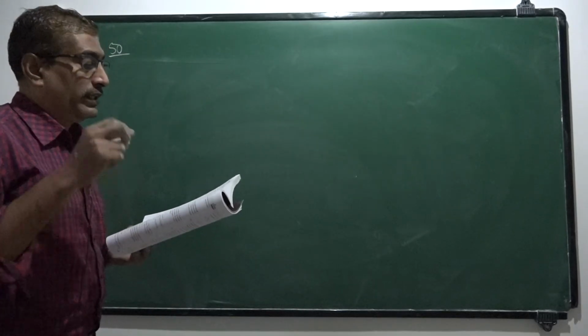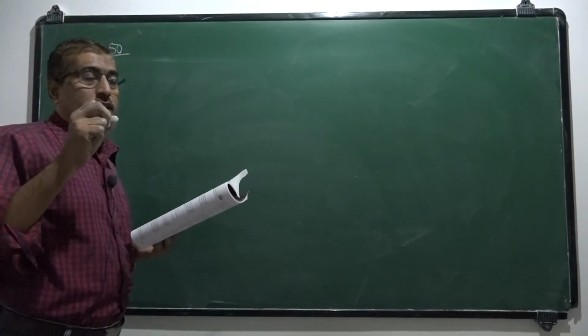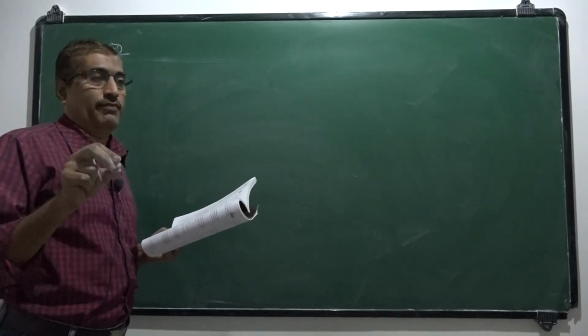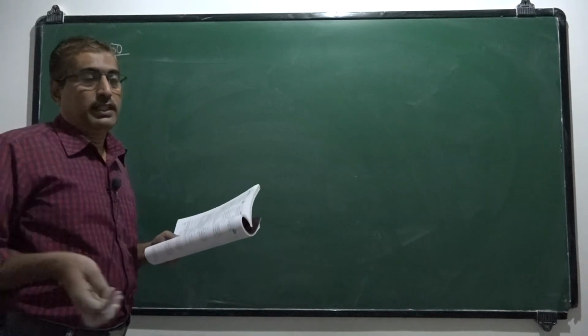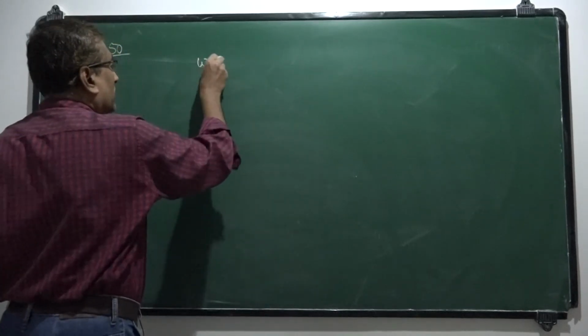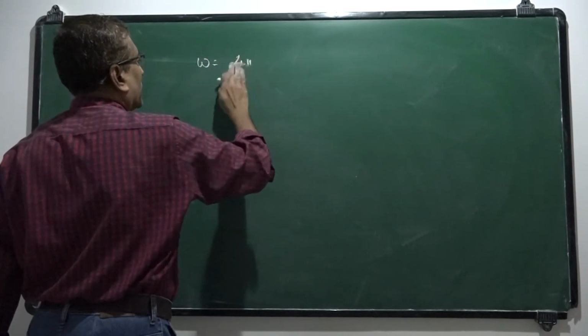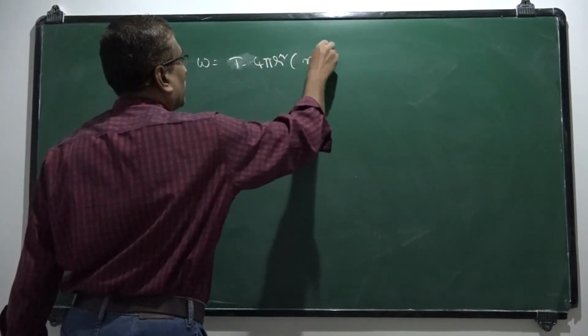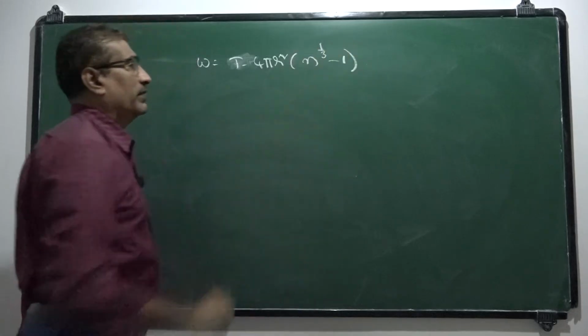Okay, when a big drop splits into n number of equal drops, then the energy is given by W is equal to T into 4 pi r square into n to the power 1 by 3 minus 1. This is the formula.